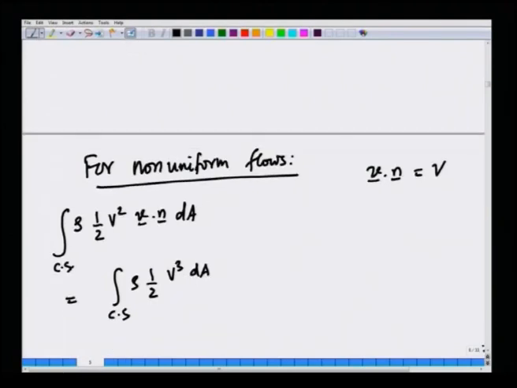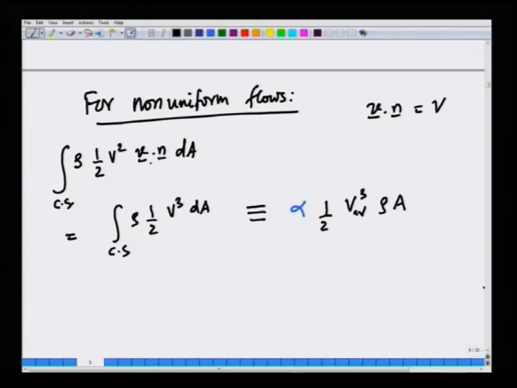Now, you want to write this in the form of a new correction factor alpha times half V average cubed, times rho A. Instead of doing this integral, if it is a uniform flow, then the answer will be half V cubed times rho A, but now we substitute V by V average because the flow is non-uniform, and we also introduce a correction factor. This is called the kinetic energy correction factor.